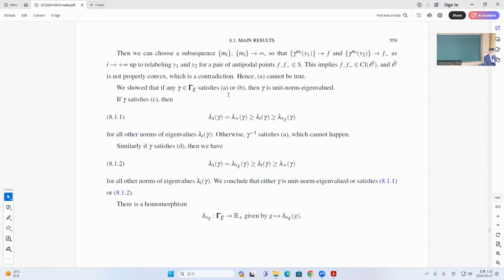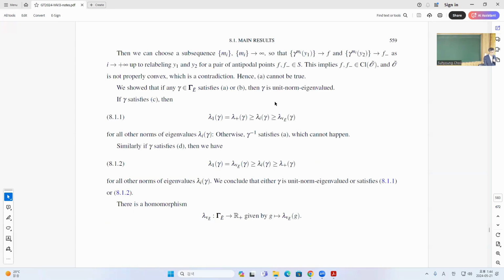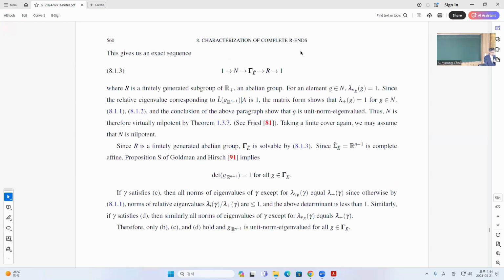So it's either A or B, and then we consider C or D. I forgot the argument really that much. But anyway, if we satisfy C, then I can show that all the eigenvalues are actually between these two, because if not, you can take the gamma inverse and satisfy A. And also similarly for D. Okay, so once you have that, then we send this homomorphism, and you get this sequence.